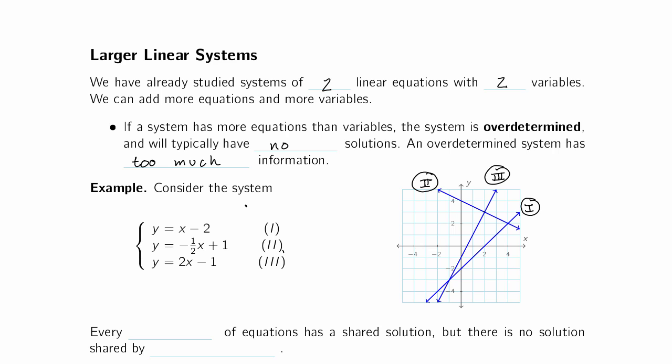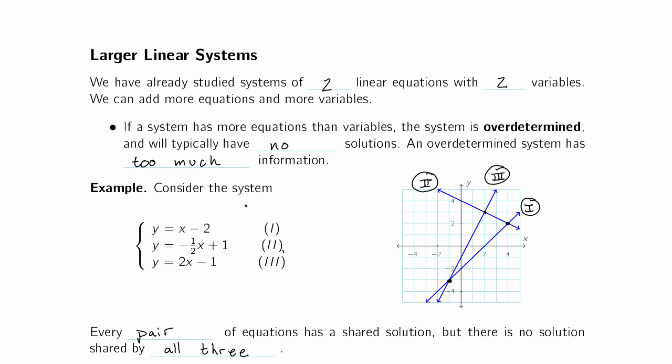And we see that every pair of lines has an intersection. Every pair of equations has a shared solution. But there's no point where all three lines intersect. There's no solution shared by all three equations. And that's always going to happen if we write down three random lines, right?